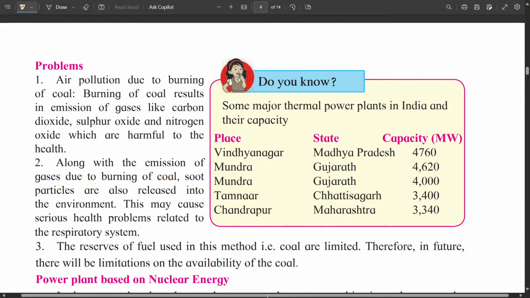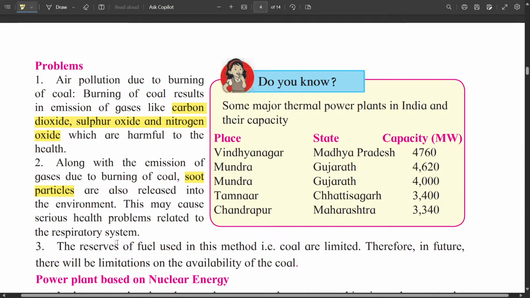So they are the polluting gases. In addition to these three types of polluting gases we have seen, carbon dioxide, sulfur dioxide and nitrogen oxide, the smoke also comes out, that means the unburnt coal particles, soot particles. As we have seen, the black soot particles are also released, and they are also polluting the environment. They can cause serious health problems of the respiratory system.